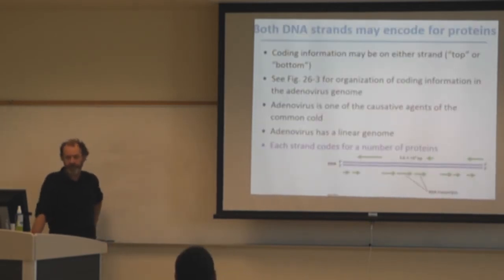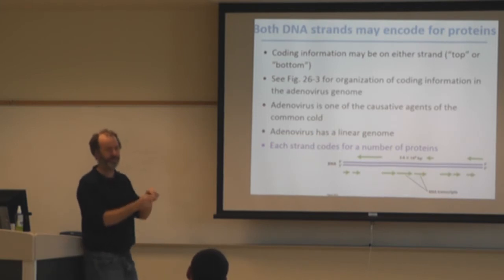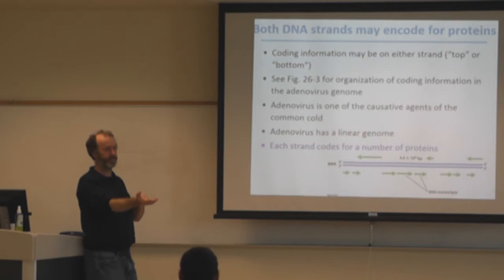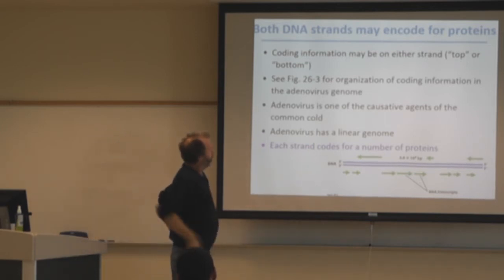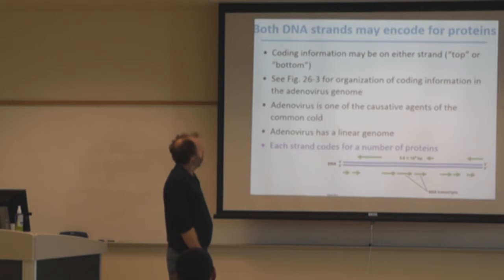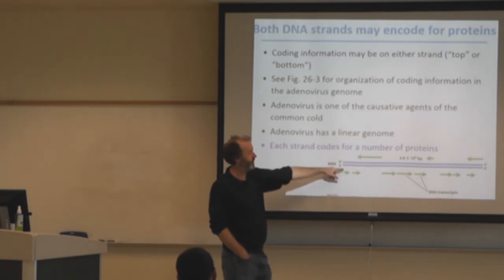So both DNA strands may encode for proteins. Just because one strand codes for protein doesn't mean it's always the coding side all the way along. Both sides of DNA can code for proteins, and you will find them on both sides. So I guess this figure 26.3 shows you the genome for adenovirus.